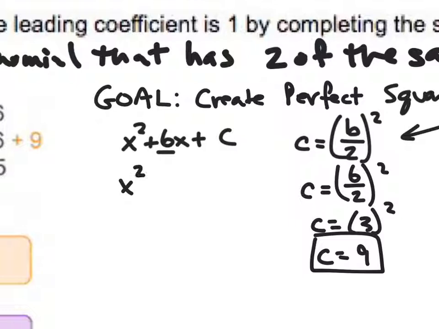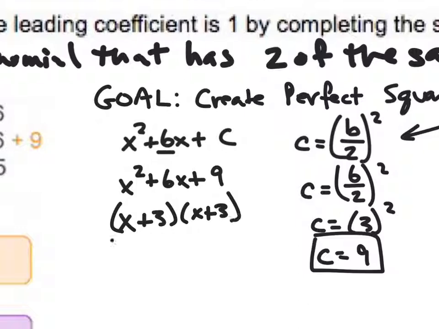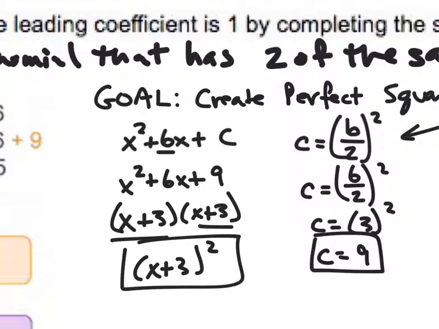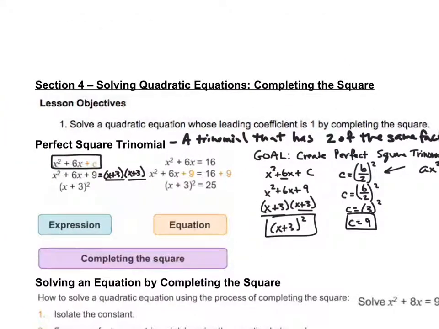And so then we get x squared plus 6x plus 9, and this is now my perfect square trinomial, all right? And so this is going to factor to x plus 3 times x plus 3. If I have something times itself, I can write that as x plus 3, that quantity squared, okay? And that's what we have, all right?